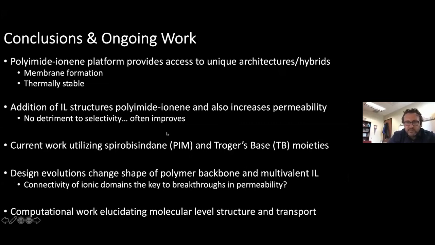We do really like the spiro-bisindane and Tröger's base concept, so I think you'll be seeing much more of that from my group in the coming years as far as our membranes go, as well as new approaches to polymer backbone shapes, and these ideas of multivalent ionic liquids. And of course, lots of collaboration with Heath Turner's group on computational studies that help us design these things better.